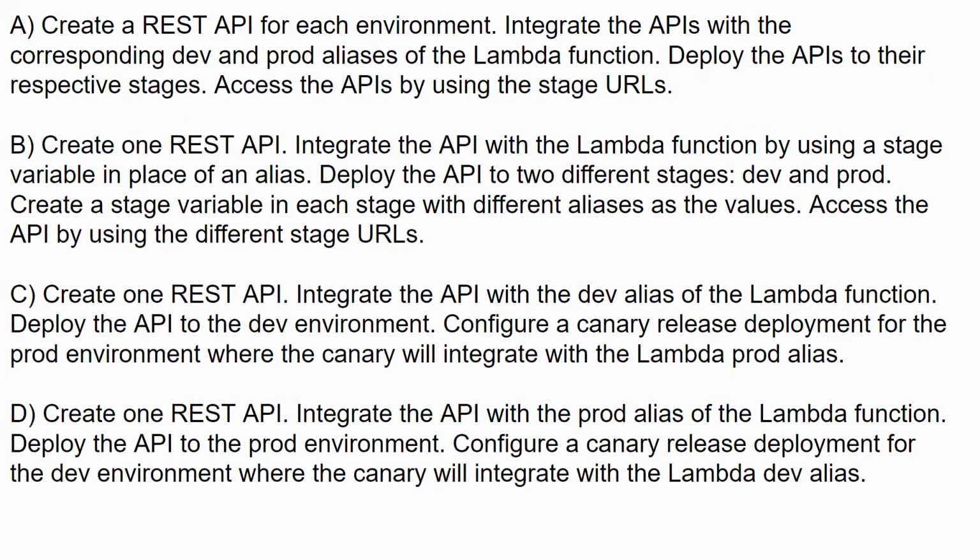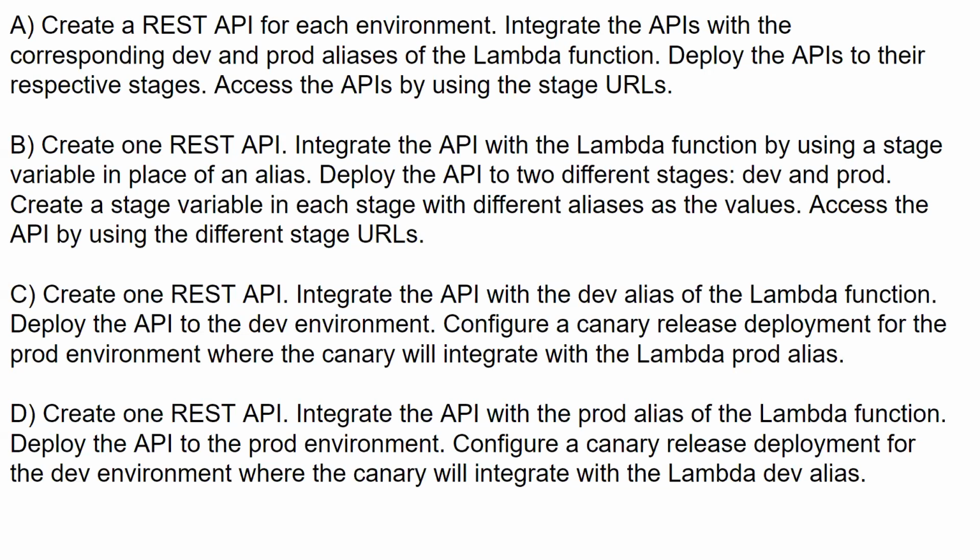Okay, create a REST API for each environment. Integrate the APIs with the corresponding dev and prod aliases of the Lambda function. Deploy the APIs to their respective stages. Access the APIs by using the stage URLs.